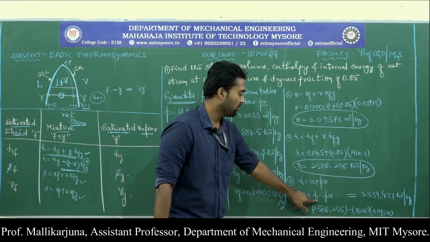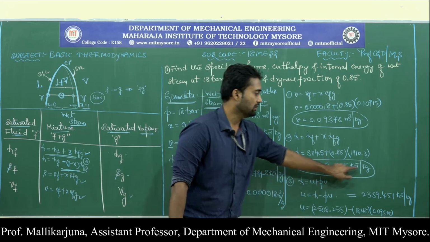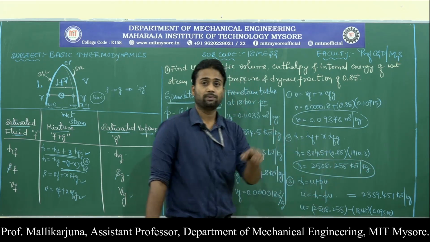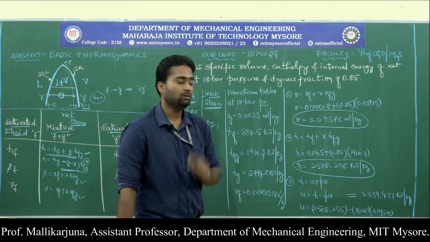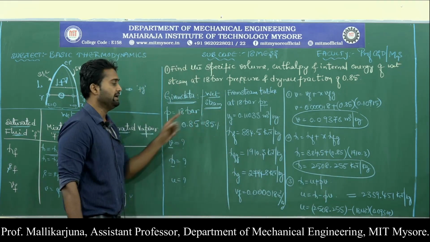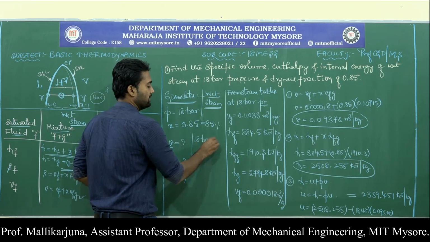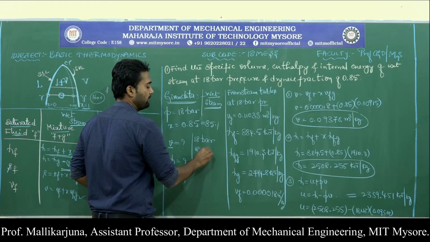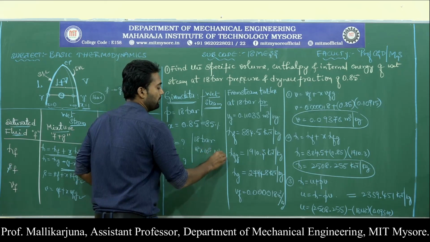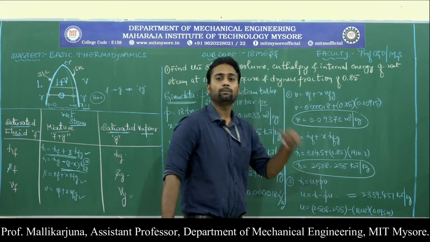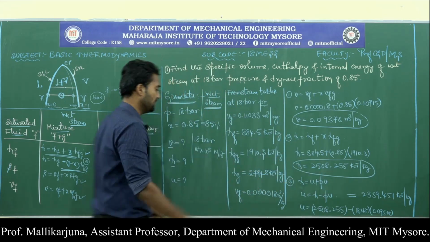Make sure you have H in terms of kilojoules per kg. Pressure should also be substituted in terms of kilo. Here pressure has been given as 18 bar. Let me give you the hint. 18 bar is nothing but 18 into 10 to the power of 5 Newton per meter square. Since I am substituting the value of H in terms of kilo, pressure should also be substituted in terms of kilo.